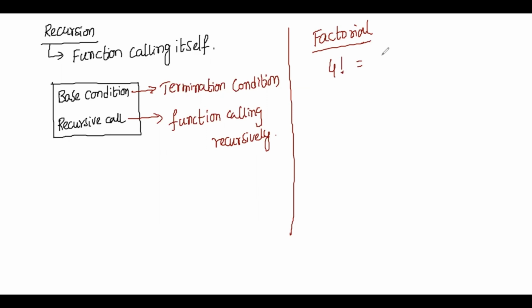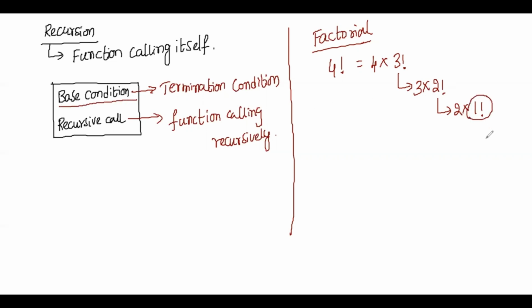The same 4 factorial can also be identified with the help of recursive function calling by writing 4 into 3 factorial. And now this 3 factorial can be computed as 3 into 2 factorial. And this 2 factorial can be computed as 2 into 1 factorial. Like this. And we can write a termination condition, which is a base condition.